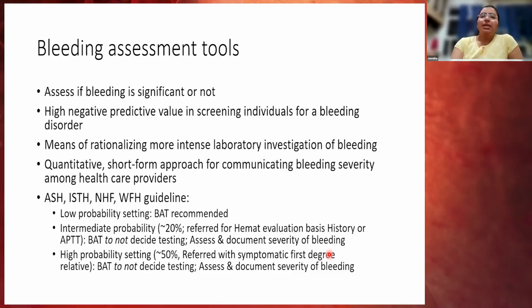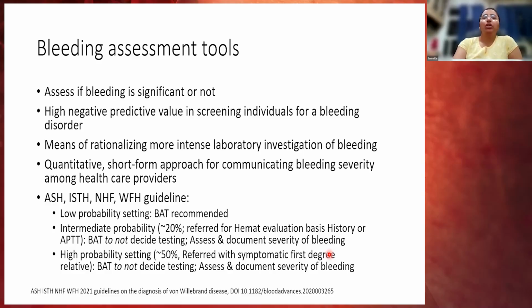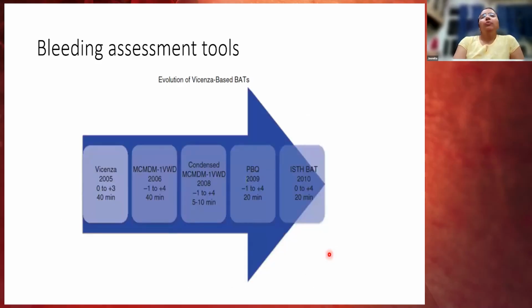Similarly, in a high probability setting, where the patient has a symptomatic first degree relative who's been diagnosed with a disease, the BAT will again not guide testing, but will assess and document the severity of bleeding. This guideline typically covers von Willebrand's disease, but the same factors will also apply for platelet function disorders.